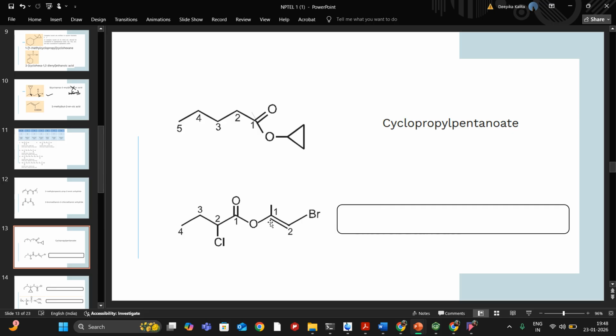A similar example has been listed here. In this ester, we have the main chain starting from here. Since this chain has the carbonyl group, it will be 1, 2, 3, 4 butanoate. The main compound will be a chloro-substituted butanoate.